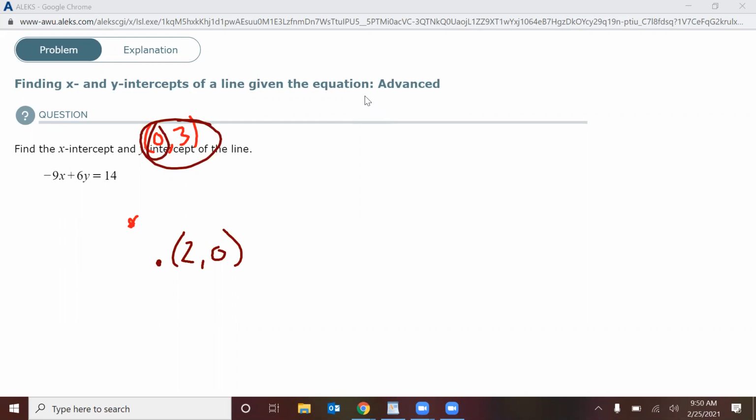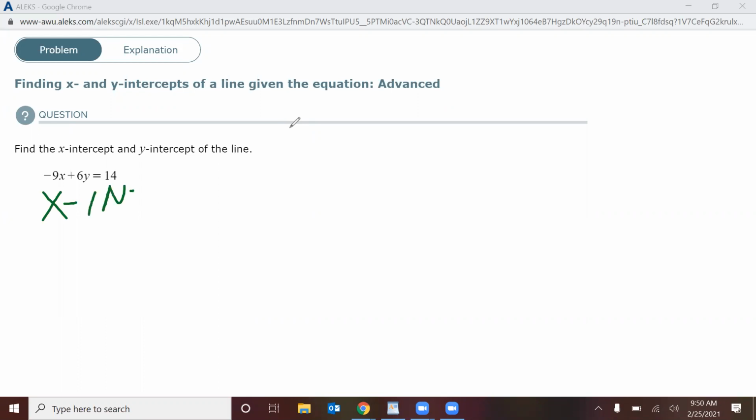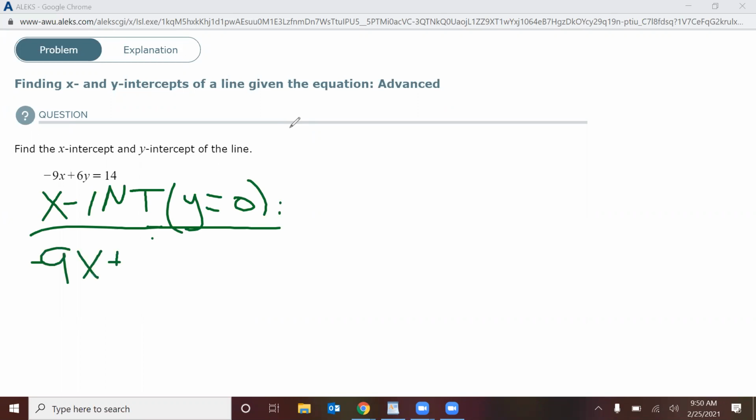So how can we use that to help us find the x-intercept and y-intercept of a line? I'll say it again, because x-intercepts are on the x-axis where y is 0, then that means that to find the x-intercept, we must replace y with 0.